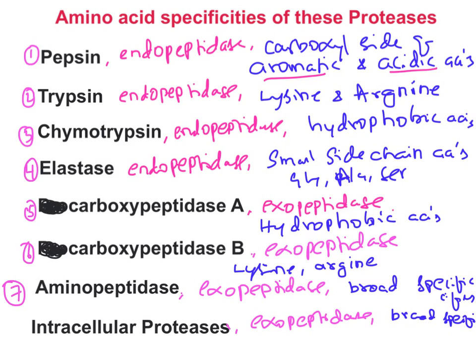It is not a pancreatic protease. It's an exopeptidase and acts on the amino terminus. Then our last enzyme is intracellular proteases. They are exopeptidases already available within the intestinal enterocytes, and they act on di and tripeptides. So these are all the active proteases with their specificities and their sources, basically where they originate from.